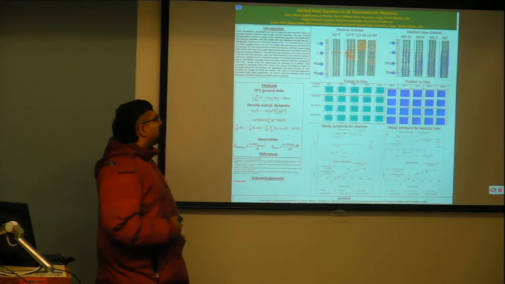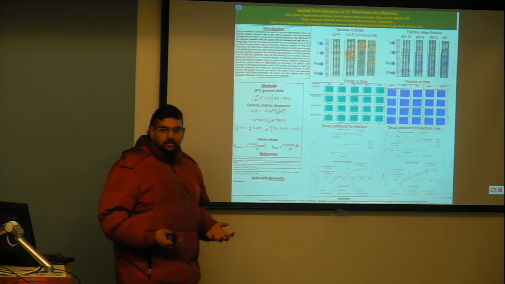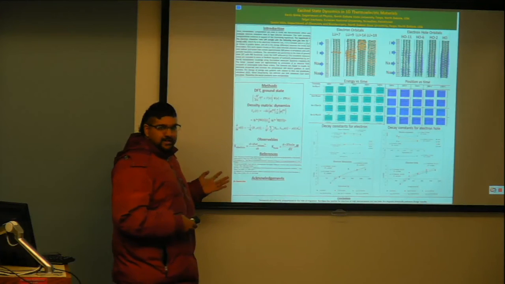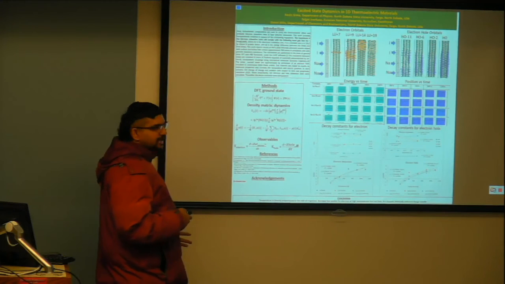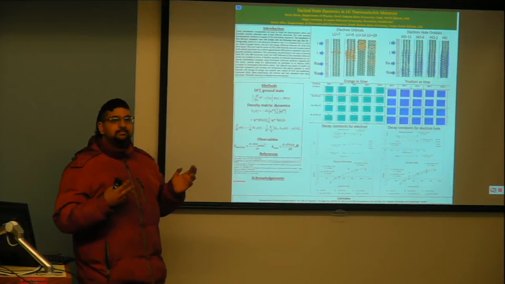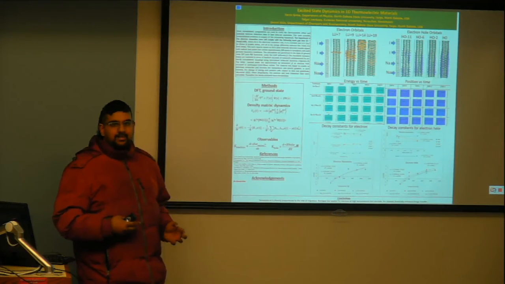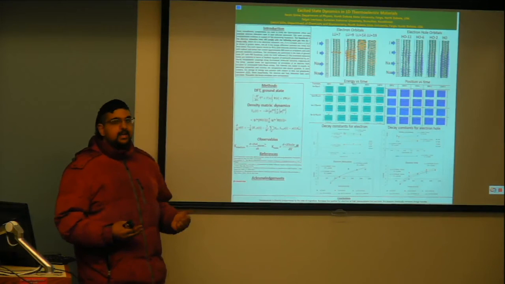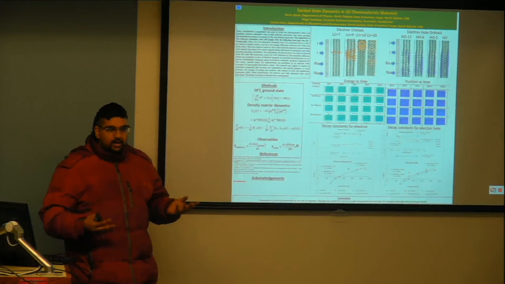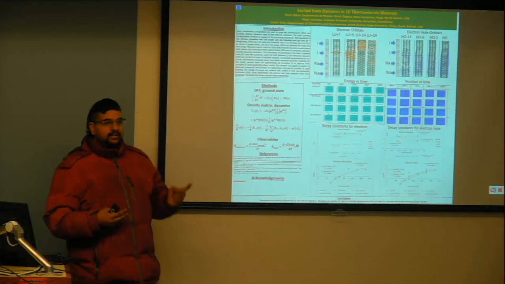So when we dope these lead telluride nanowires, I looked at lead telluride nanowires doped with sodium and iodine. The sodium atom is going to replace the lead atoms because sodium is giving off 1 electron. It has 1 extra electron in its valence shell.